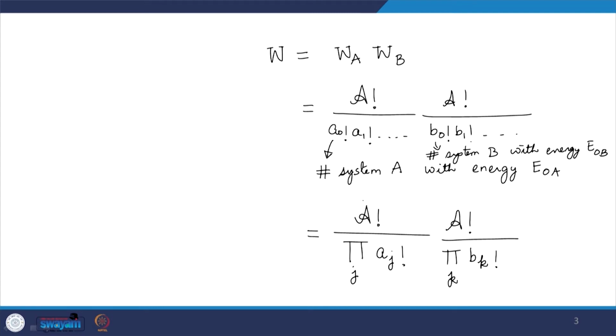In fact, we can also replace the numerator by writing it as the sum over A_j factorial, and the same thing for the B systems.